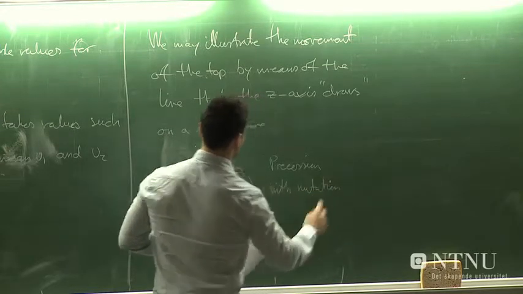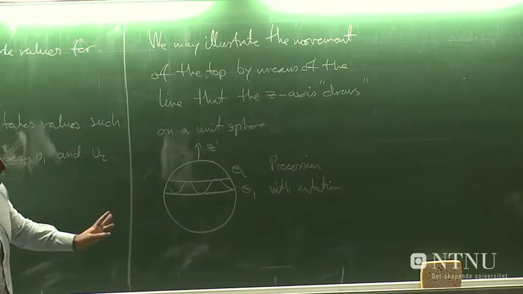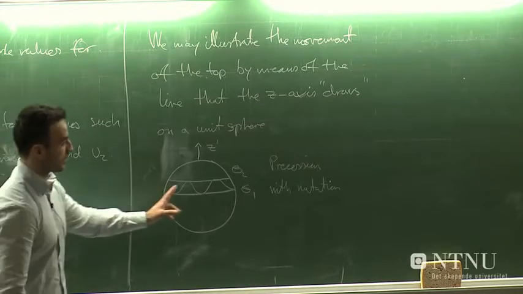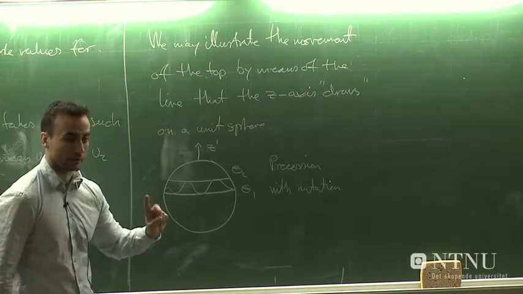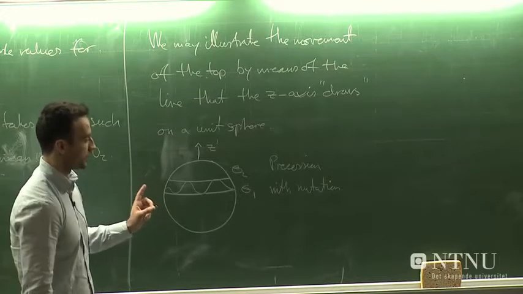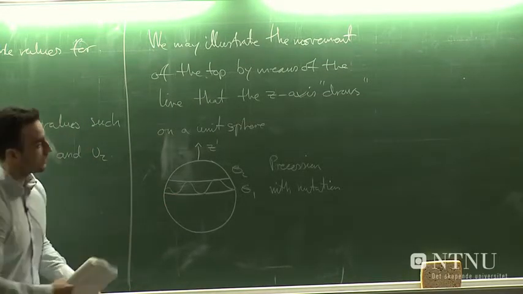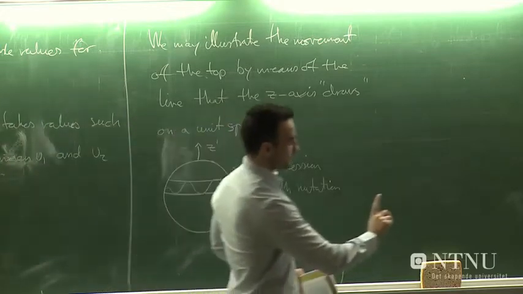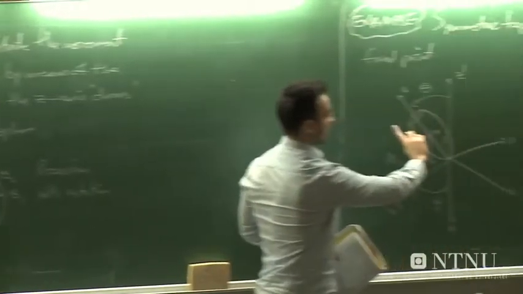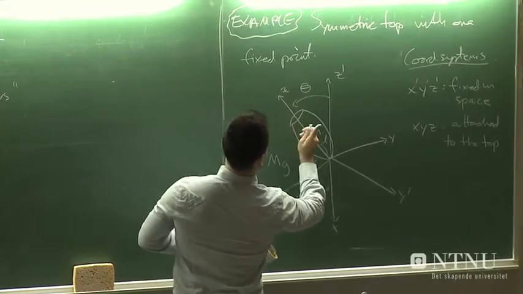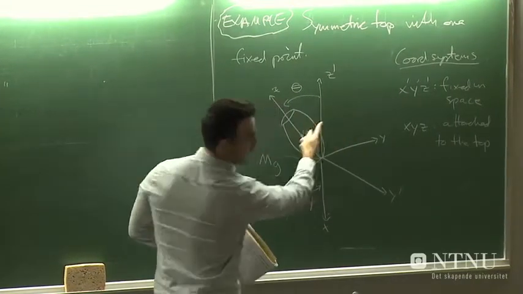So it's precession with nutation. What this means is that the top is precessing around the z prime axis. But it does so with a phenomenon known as nutation, meaning that as it rotates, it sort of bobs back and forth like this.